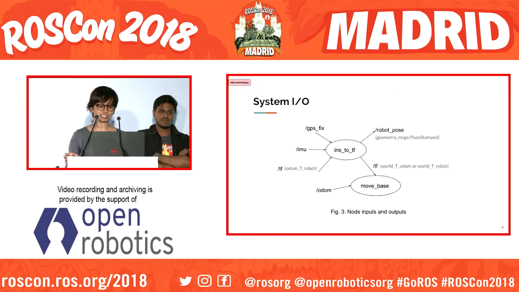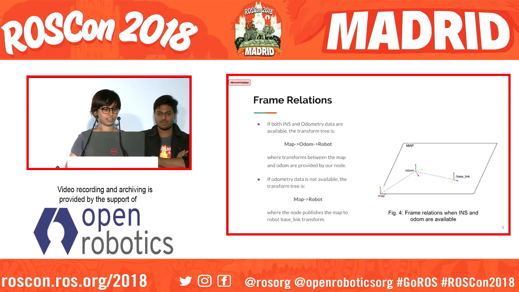Our INS to TF node is able to generate world to odometry TF messages or robot to world TF messages, and also generates the robot pose. It then passes the relevant information to MoveBase, which does trajectory planning in both local and global frames to allow our robot to navigate.